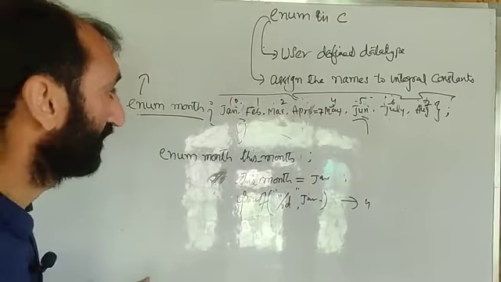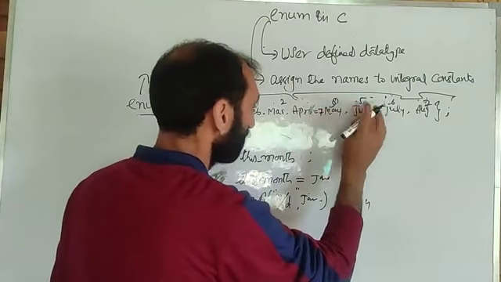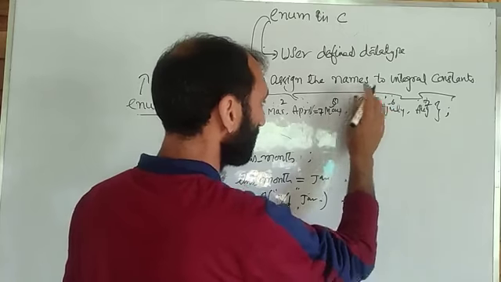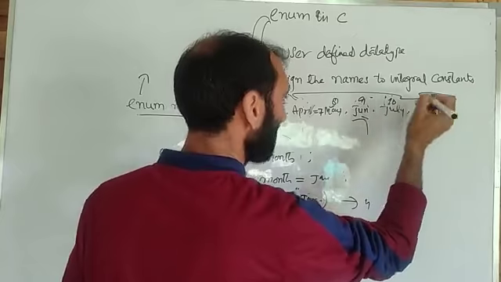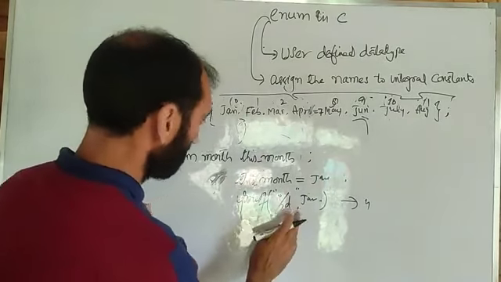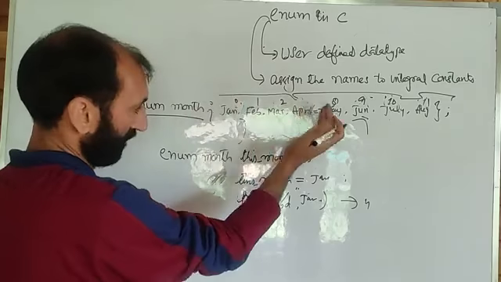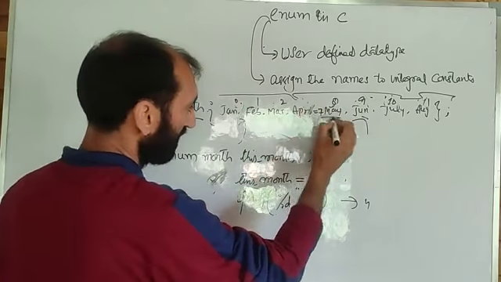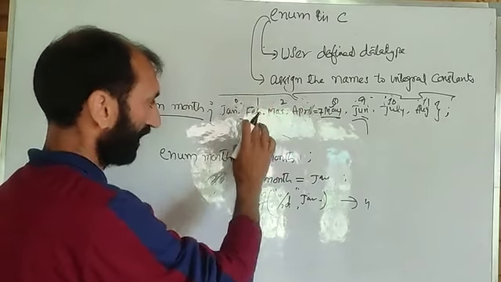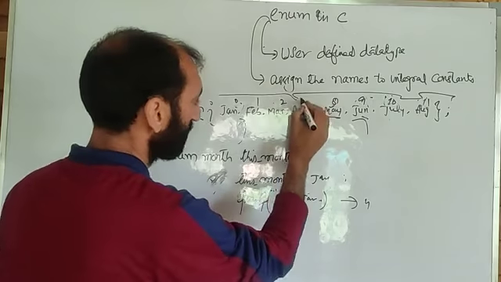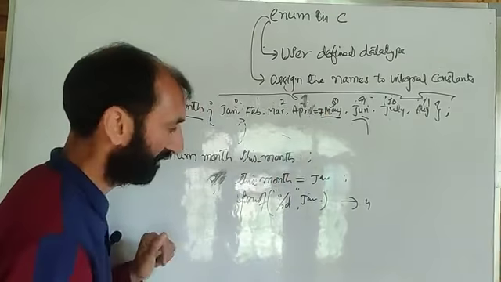Now what will happen? May will be 8, June will be 9, July will be 10, and August will be 11. And before this, May, they will be as they are: 0 for January, 1 for February, 2 for March, 7 for April.